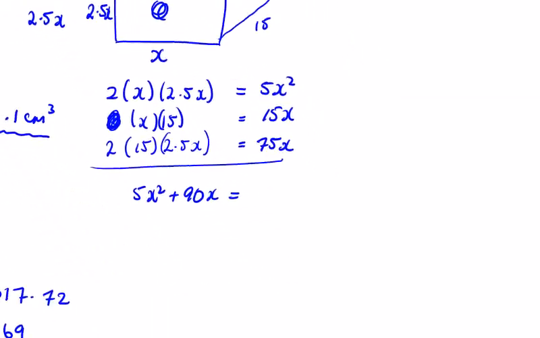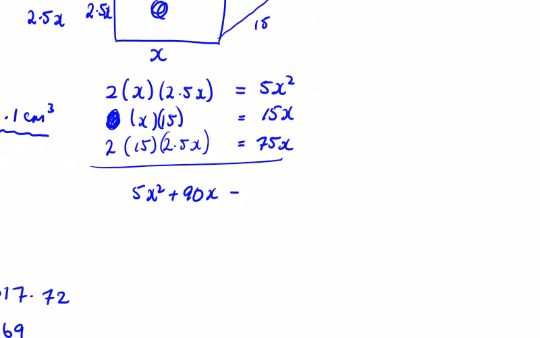If you're going to write is equal to 440, you may as well write minus 440 is equal to 0. Dividing by 5, we get x squared plus 18x minus 88 is equal to 0.